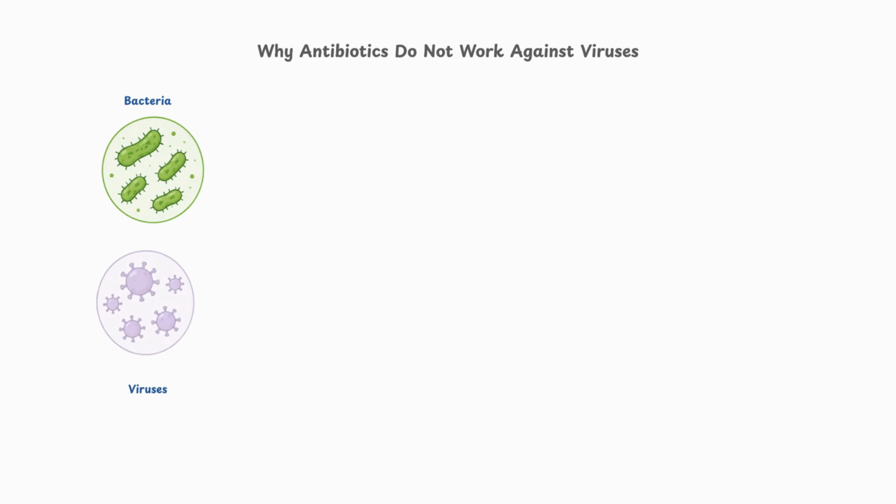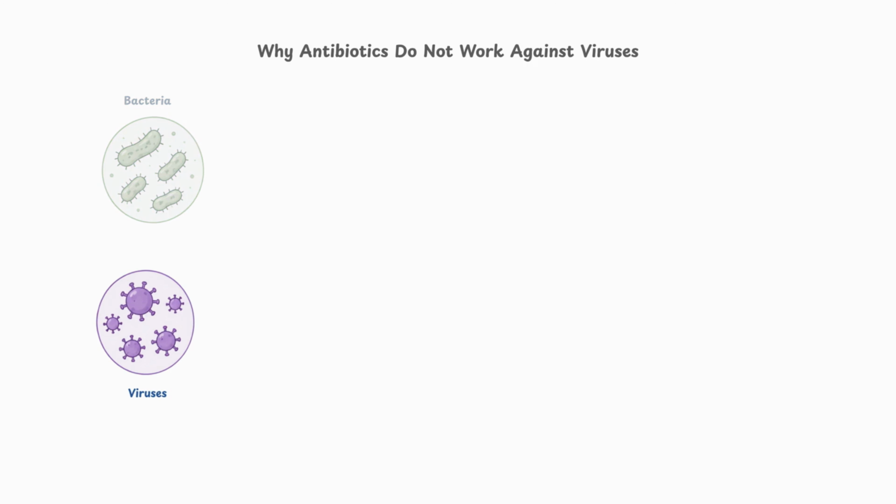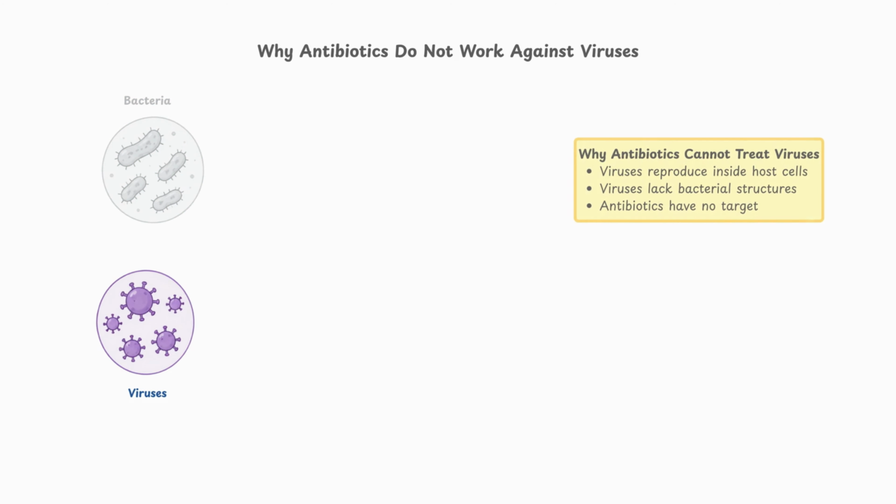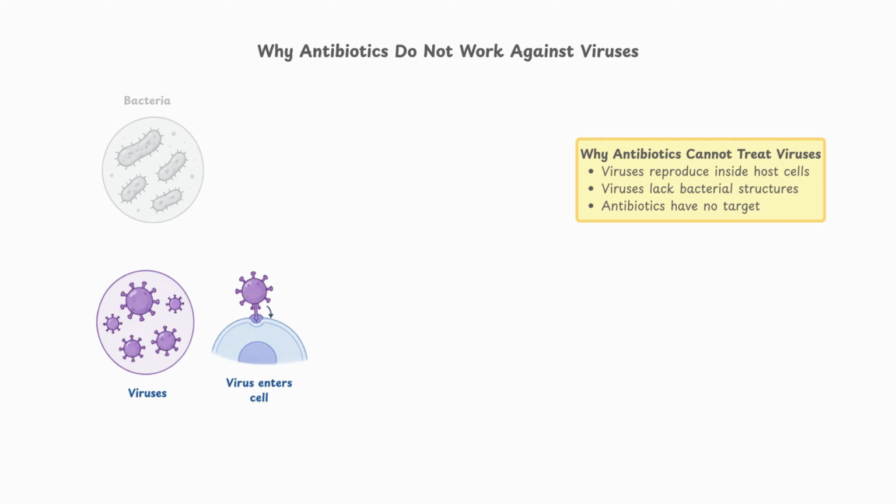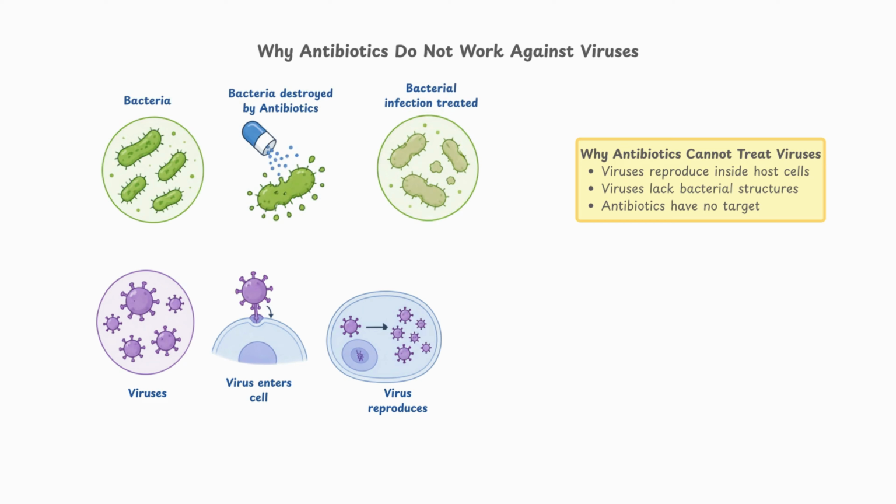Antibiotics are very effective at treating bacterial infections, but they do not work against viruses. This is because viruses are very different from bacteria. Unlike bacteria, viruses do not have their own cell structures and cannot reproduce on their own. Instead, they invade body cells and use the cell's machinery to make more viruses. Take a look at the diagram.